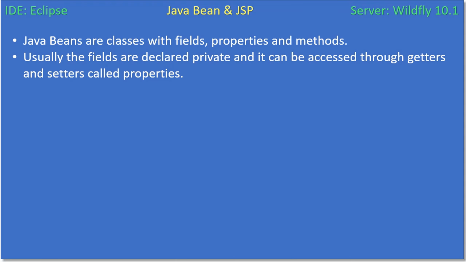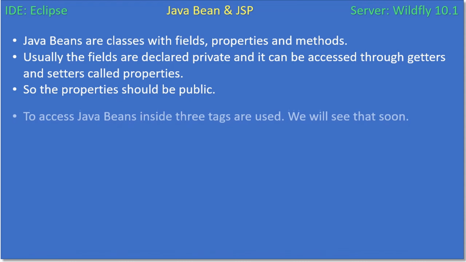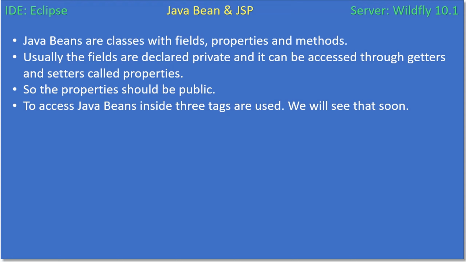Usually the fields are declared private and exposed through getters and setters, and we call that properties. So the properties will be public. To access JavaBeans inside JSP, three tags are used, and we will see those bean related tags soon.